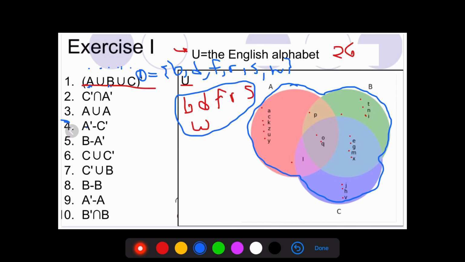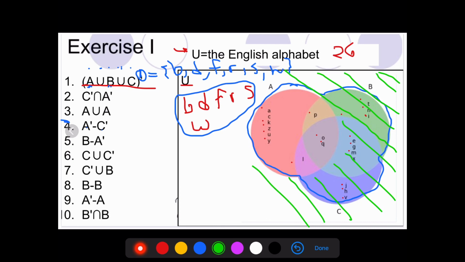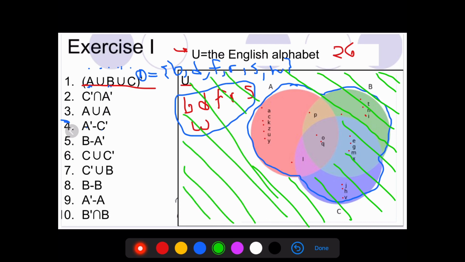Complement of A minus complement of C. So again, we're going to find the complement of A, and I'll make that green. Complement of A minus the complement of C, and C I'm going to put in blue. Complement of C.